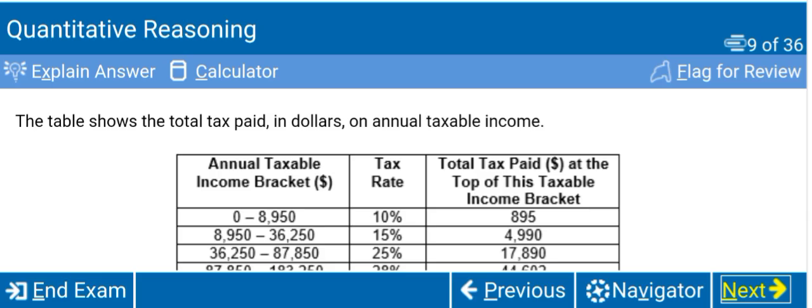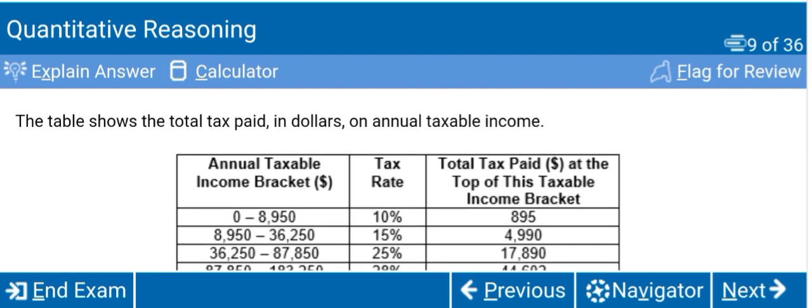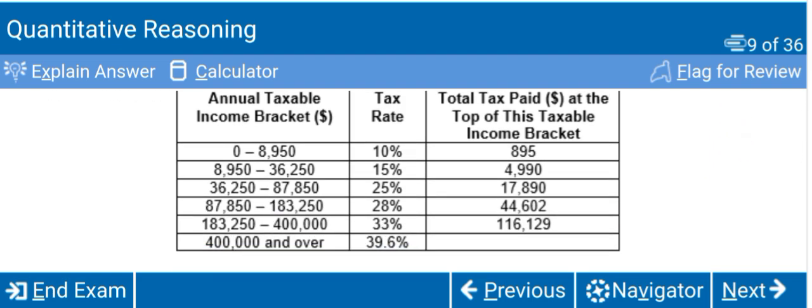Next we have question number 9. Now we have a different passage, or you can say different information in tabular form. The table shows the total tax paid in dollars on annual taxable income, with the annual taxable income bracket, tax rate, and total tax paid at the top of this taxable income bracket.